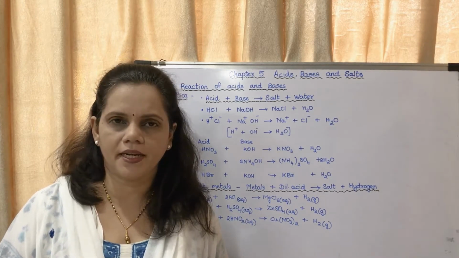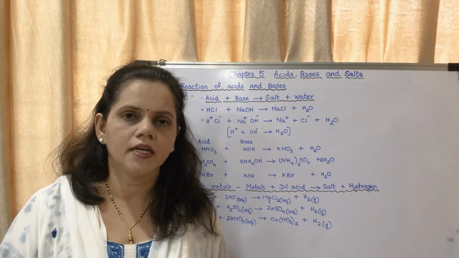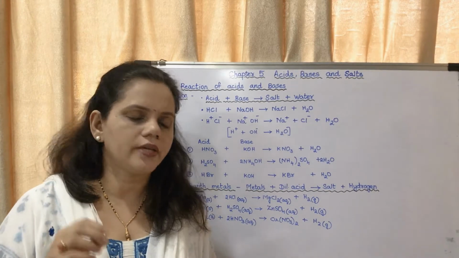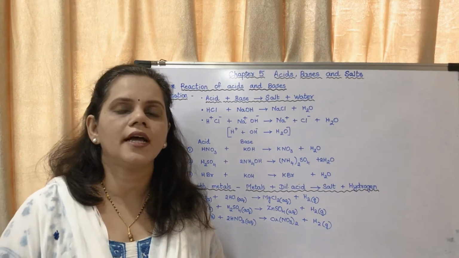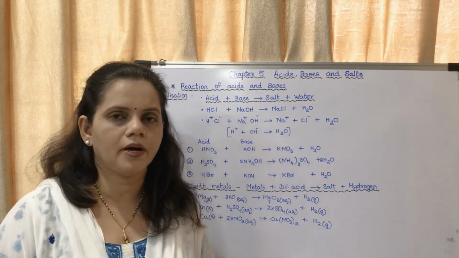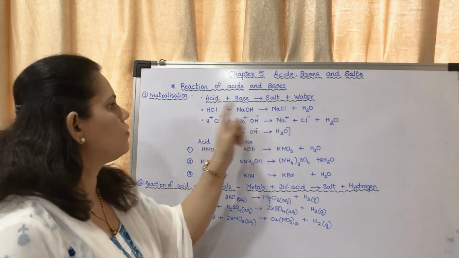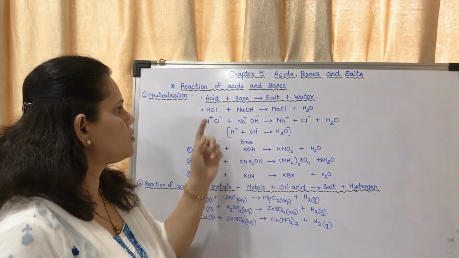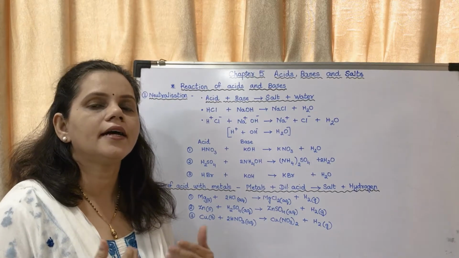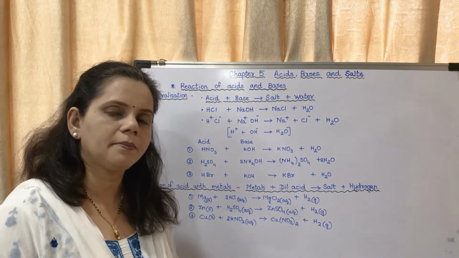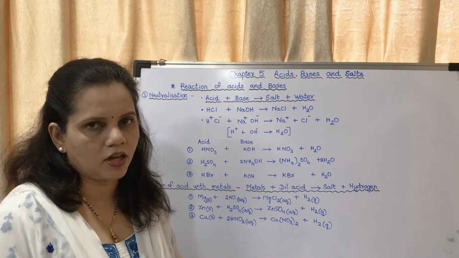Now what is happening? When you are adding NaOH to HCl solution, you know HCl is an ionic compound. NaOH is also an ionic compound. HCl is made up of H plus and Cl minus ions, and NaOH is made up of Na plus and OH minus ions.